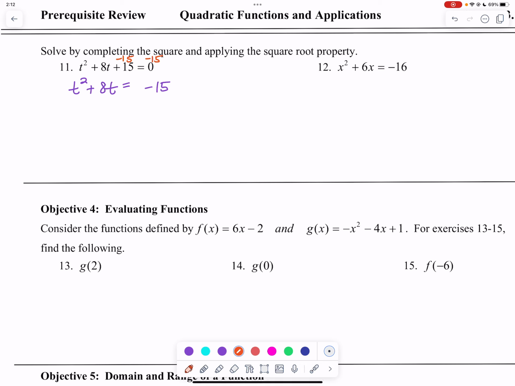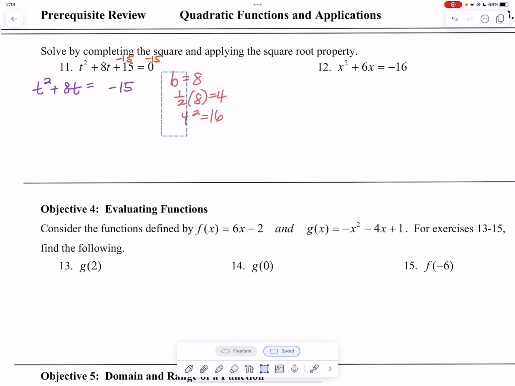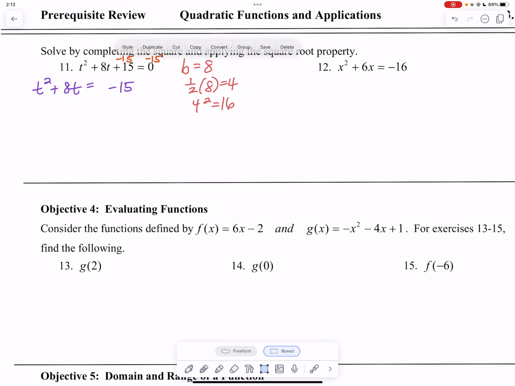That's kind of our best bet. Then we can see that b is equal to 8, and 1/2 of 8 is 4, and 4 squared is 16.